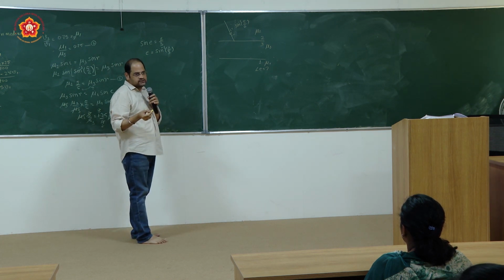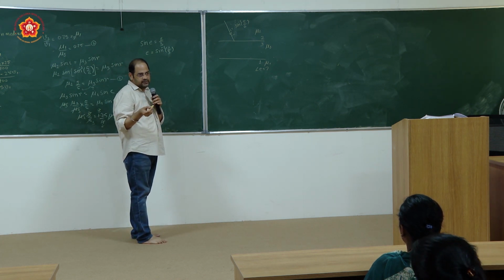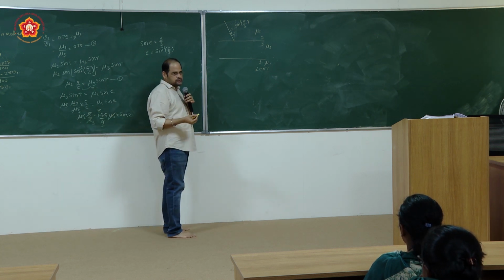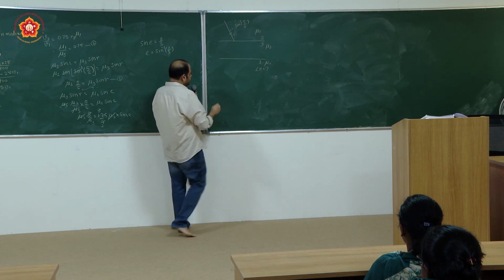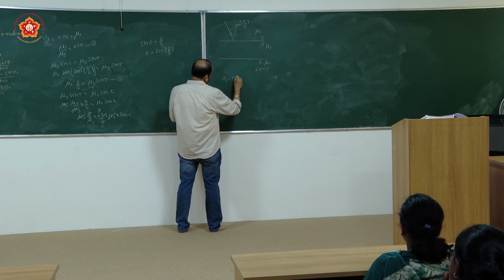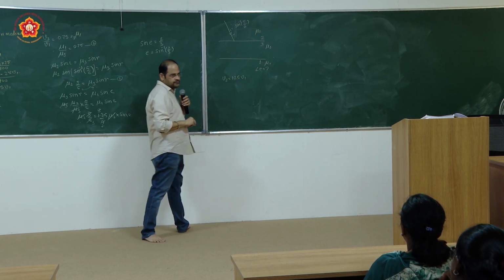What has been given to you first? When the light travels from first medium into second, am I right? First medium into second, so the speed increases by 25%. So V2 is taken as equal to 1.25 times V1. Can I write down like this?